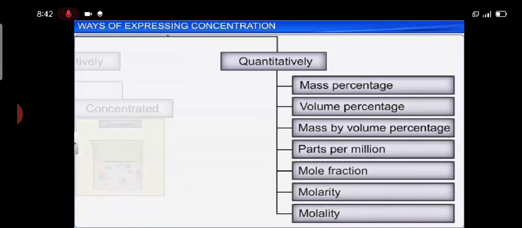These methods are mass percentage, volume percentage, mass by volume percentage, parts per million, mole fraction, molarity, molality. Let's discuss these methods one by one.